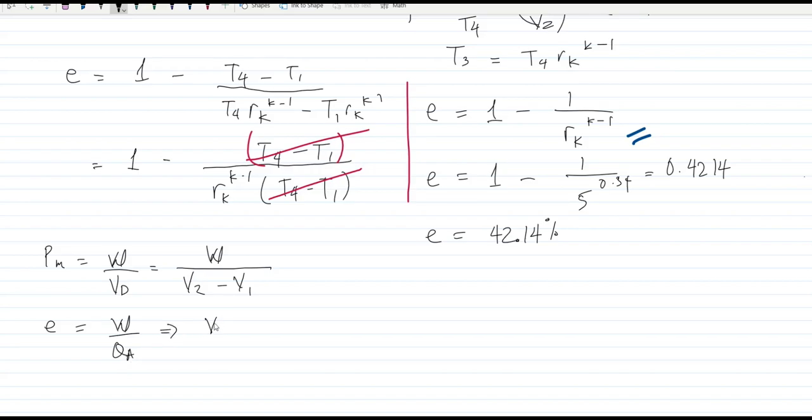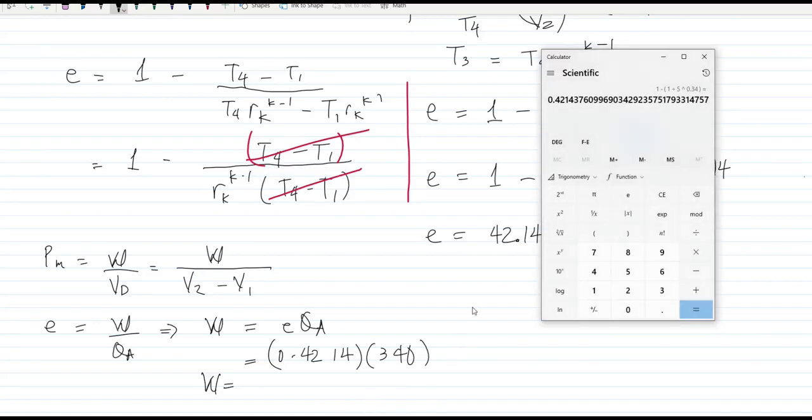So therefore, work is simply efficiency times your Q sub A. So our efficiency is 0.4214 and our added heat is 340 BTU. So work is equal to, so we just multiply this with 340 and we have 143.29 BTU.